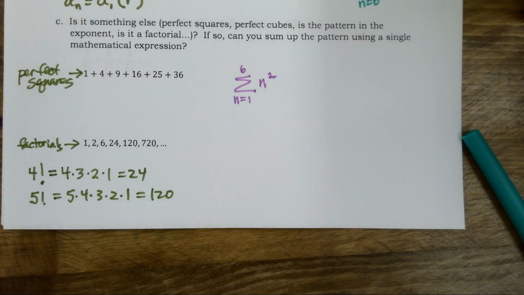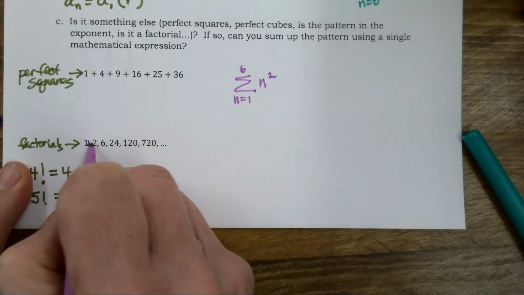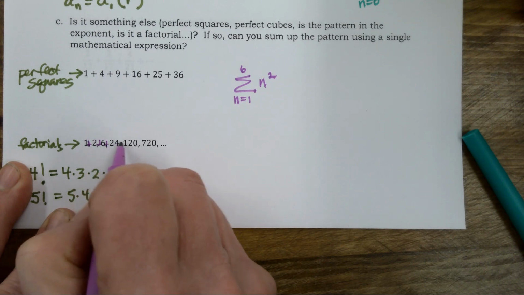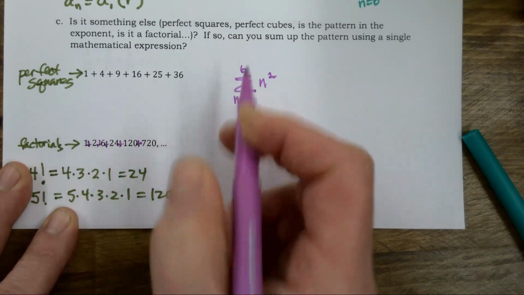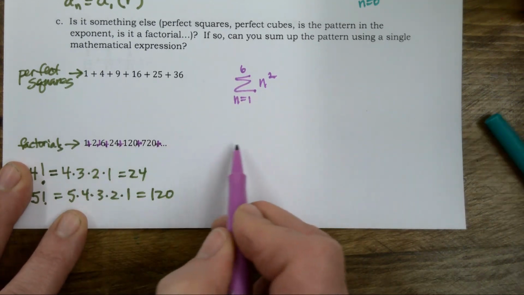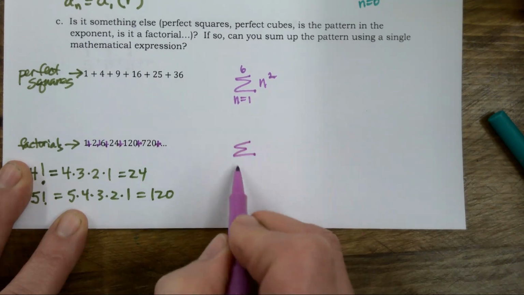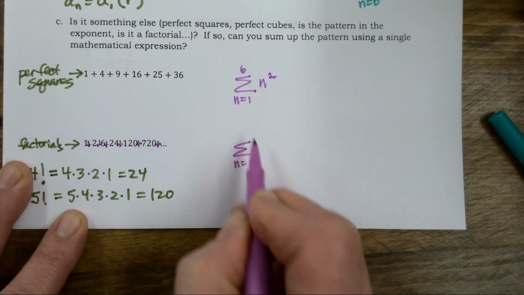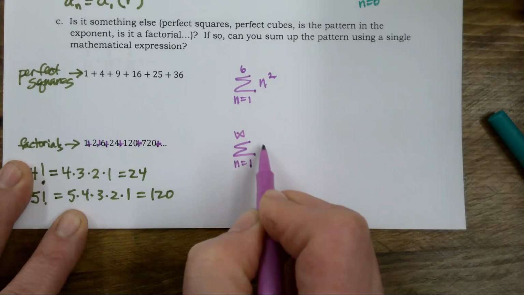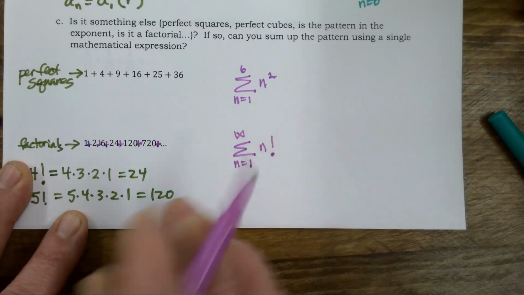Here are factorials. And I should have pluses between these if I want to write it as a sum or a series. And so this would start at 1 and end at infinity, and this is n factorial.